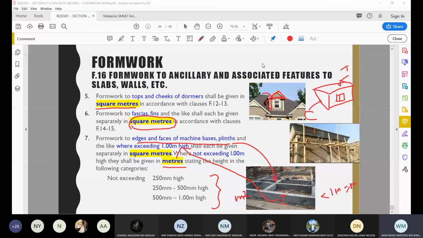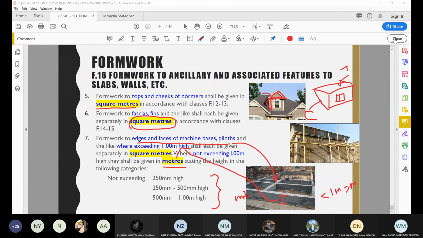Work below lowest floor finish, frame, upper floor, and another one is staircase. Okay, so application dia kita akan nampak semasa kita akan guna nantilah. Okay, so saya rasa itu saja untuk hari ini.